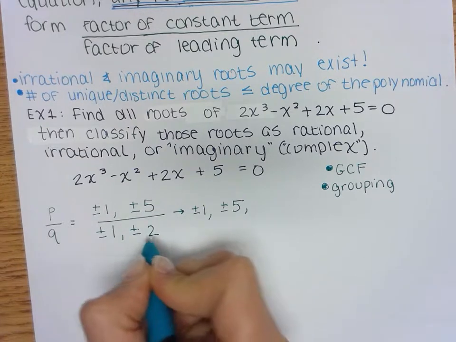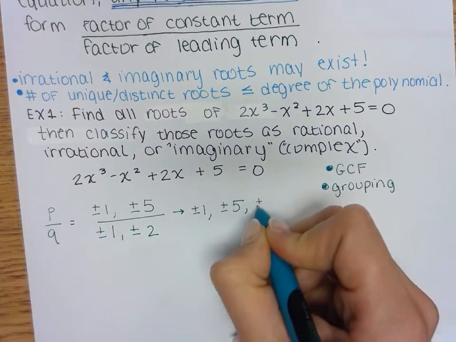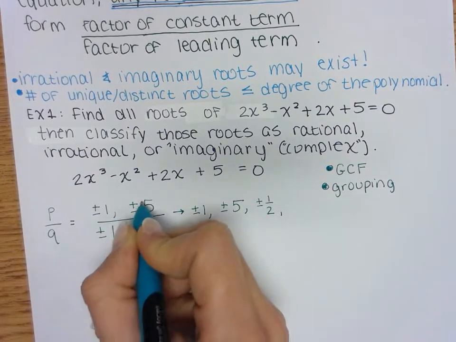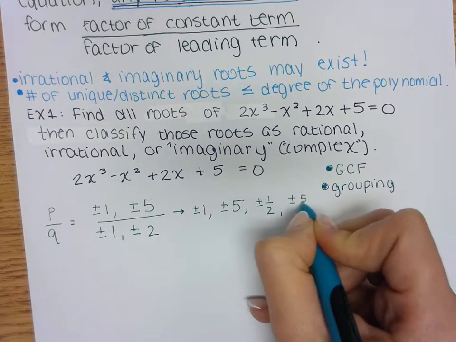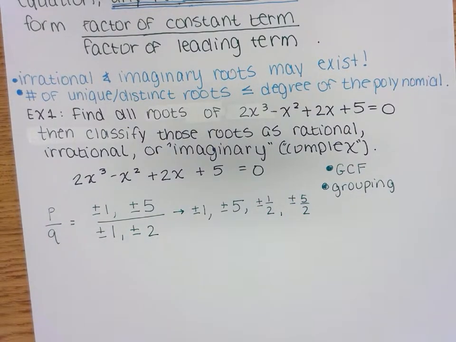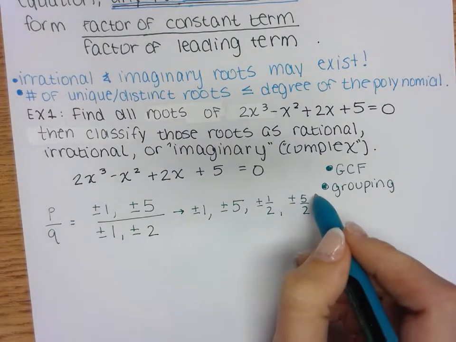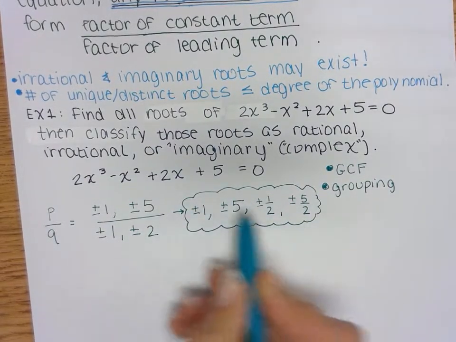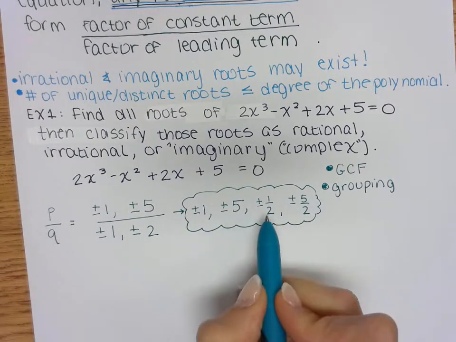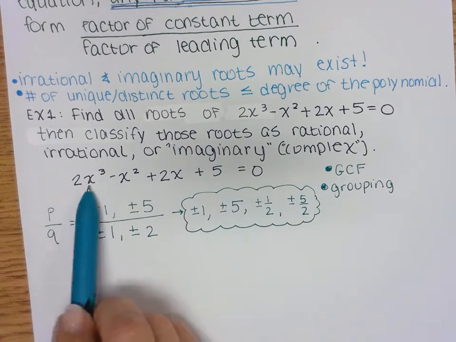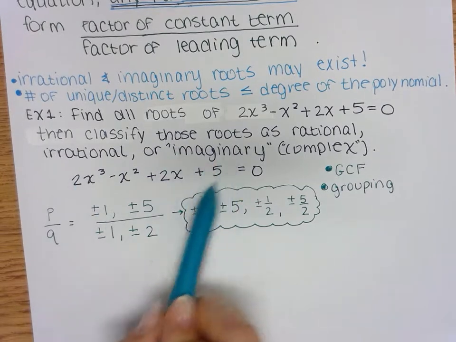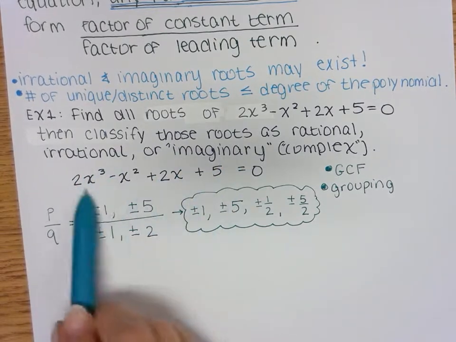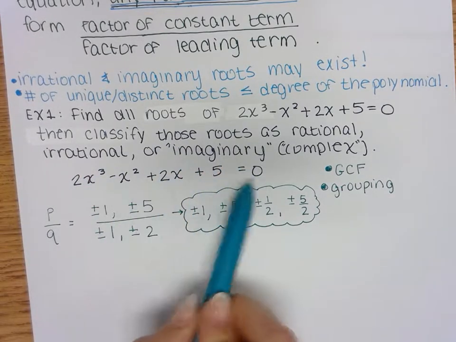Now put each of them over the 2. 1 over 2, positive or negative 1/2. 5 over 2, positive or negative 5/2. So that gives me, instead of an infinite number of possibilities, I now have this finite list. I have 8 suspects, 8 numbers that might work when I'm trying to find rational roots of this polynomial equation.